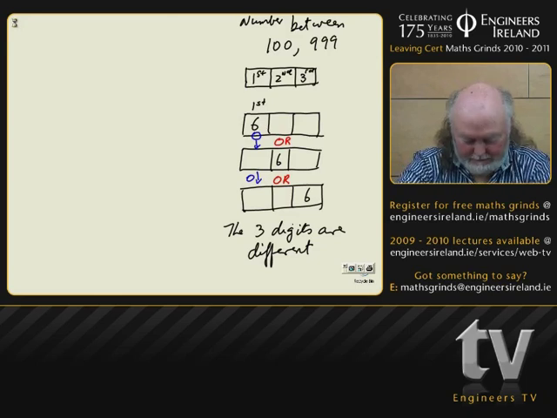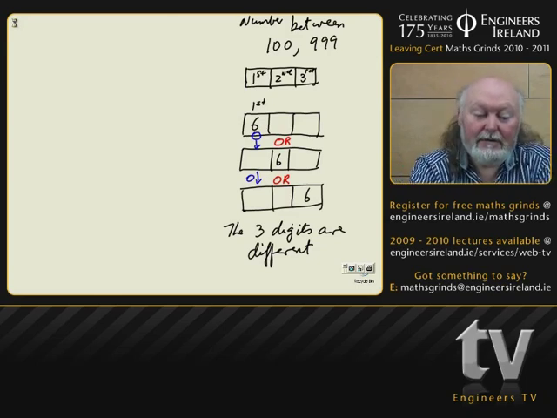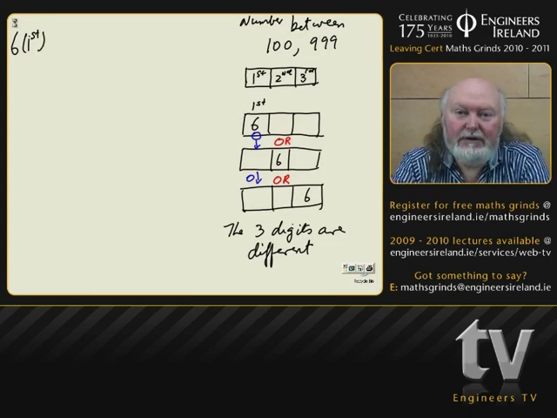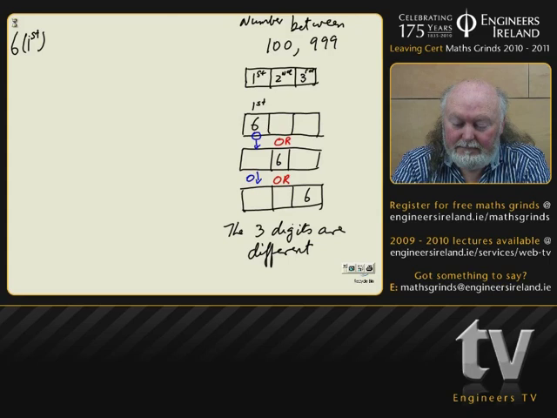Let's look at what we have then. Six in the first position. How many possible ways is there pulling a 6 from the 10 digits 0 to 9? There's just one way.